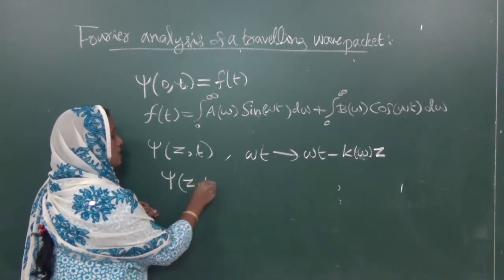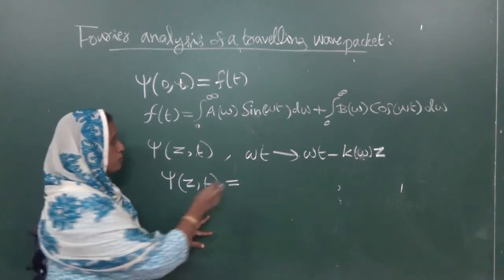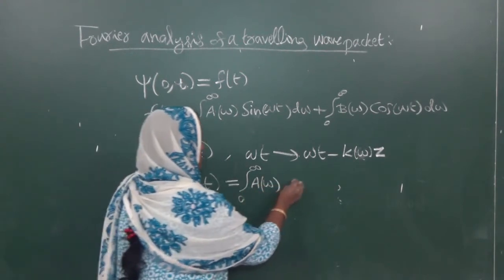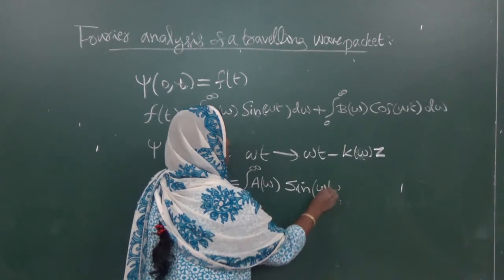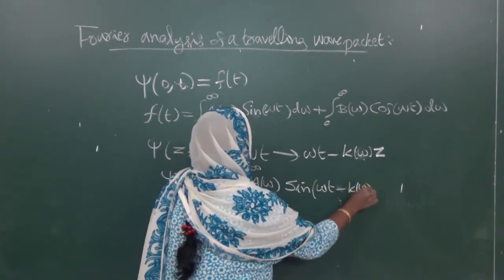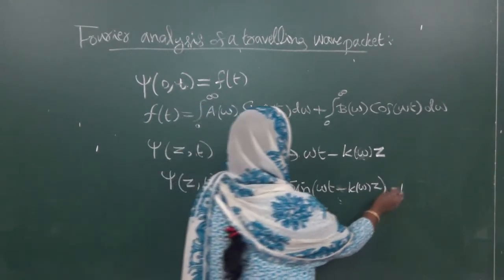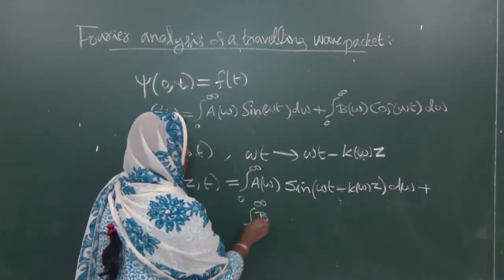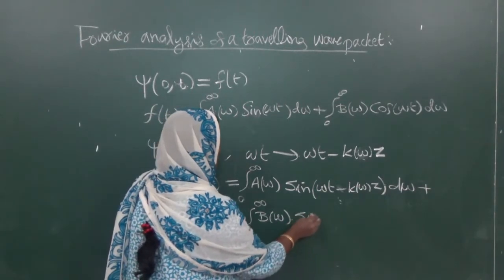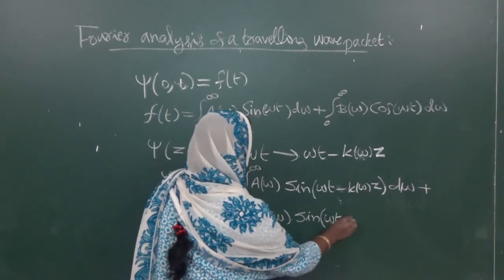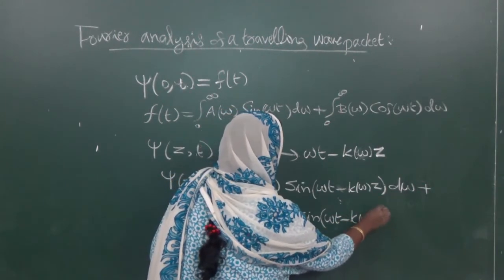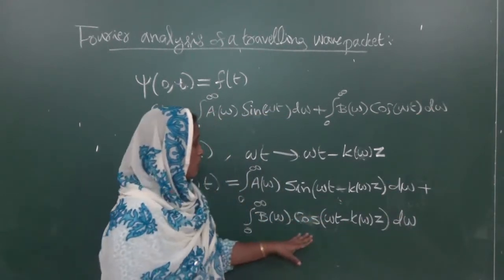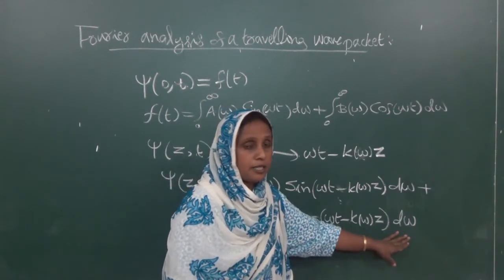That means ψ(z,t) equals the integral from 0 to infinity of A(ω) cos(ωt − k(ω)z) dω plus the integral from 0 to infinity of B(ω) sin(ωt − k(ω)z) dω.